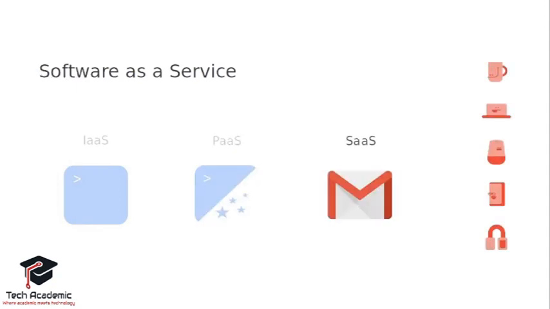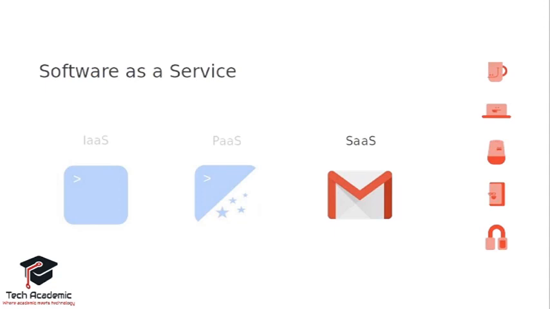Next is software as a service. This is what we all commonly use in our day-to-day life, like Gmail and Google Photos. Basically, these are the software which are provided as services to store your data. SaaS forms the most common services cloud providers supply. They are tailored for end users and exist primarily through websites.